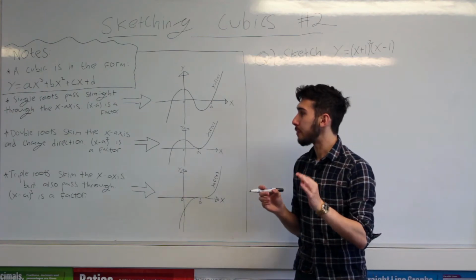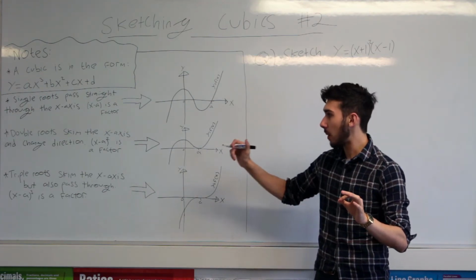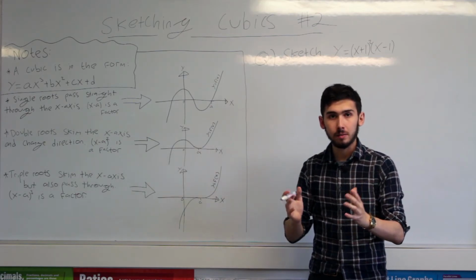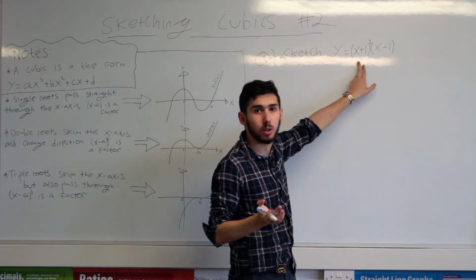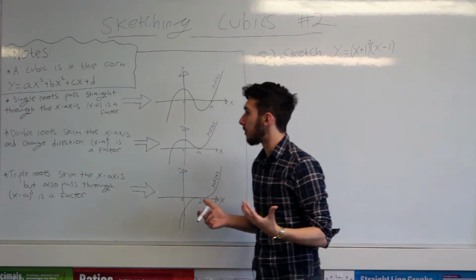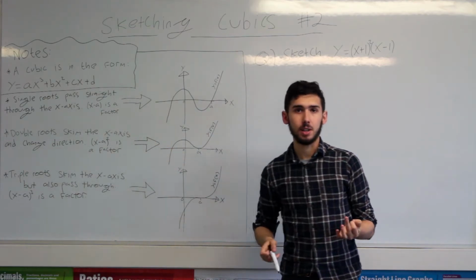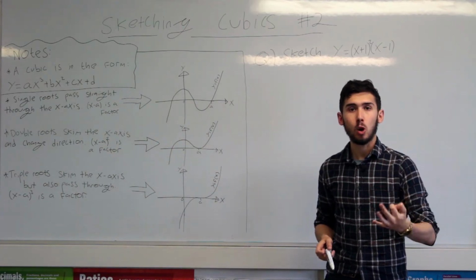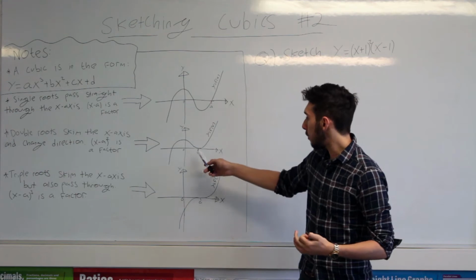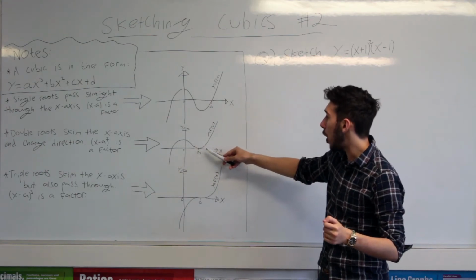If you have two lots of the same factor, x minus a squared, so we've got an x plus 1 squared, that's fine, okay? That is a double root. What this will do is it will skim the x-axis, but not actually go all the way through it. It will touch it, it will come up, it will skim it, and it will turn around.